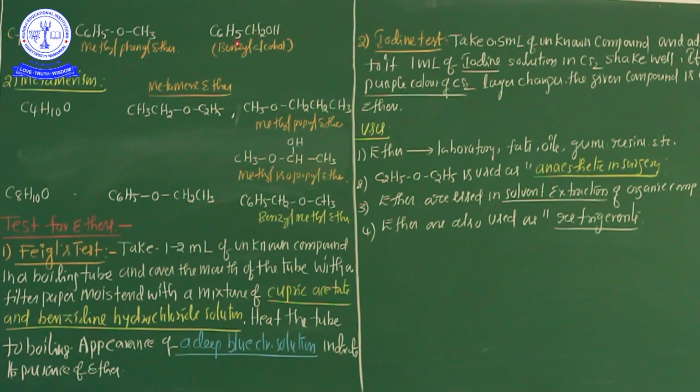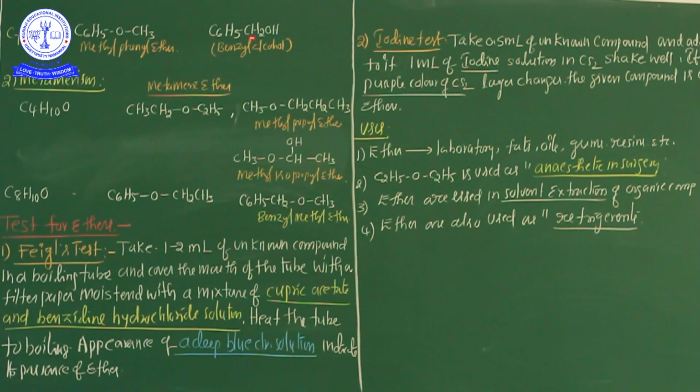So my question: for C7H8O, what are the functional isomers? Methyl phenyl ether is the ether category, and benzyl alcohol is the alcohol category. So ether easily shows functional isomerism with alcohol.